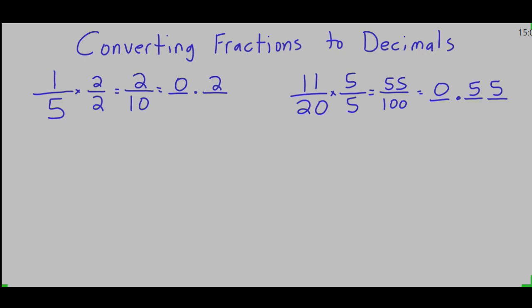So if I give you 21/25, what would I multiply that by? And if I gave you 3/50, what would I multiply that by? I'll give you a second to solve those.